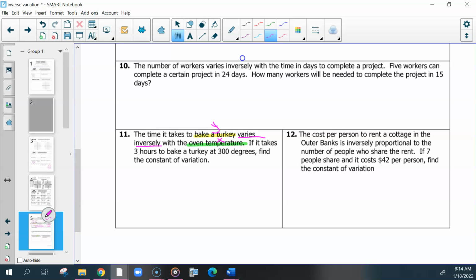Or if you want to call that B and O, or big T, little t, or something like that. If it takes 3 hours to bake a turkey at 300 degrees, find the constant of variation. So in this case, we're just looking for K. We're not looking for the equation or another missing variable. So we would just multiply these two together to get 900, and 900 would be our K value.